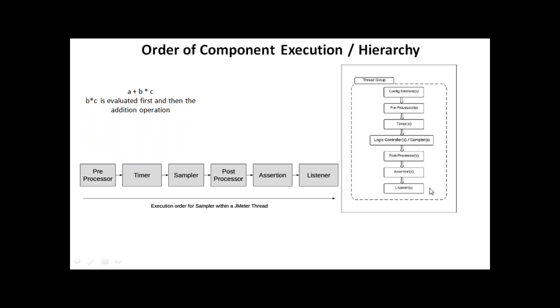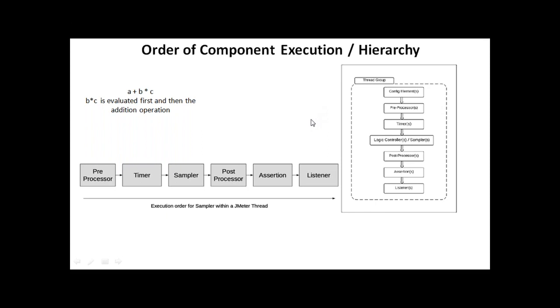Okay, so Kumar, I haven't understood anything that you have said. What is this order of component execution, or what is this hierarchy? I'm totally not understanding. Don't worry about it, guys. As we proceed further, I'll revisit this picture multiple times and then I'll be able to explain this.